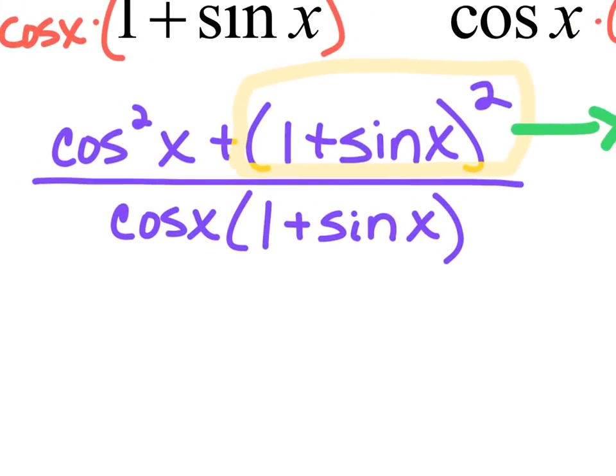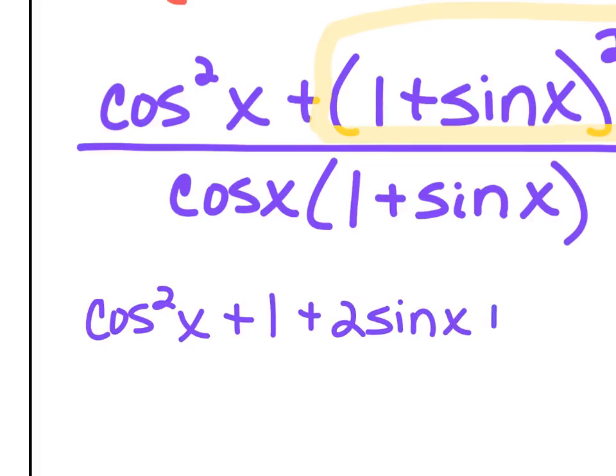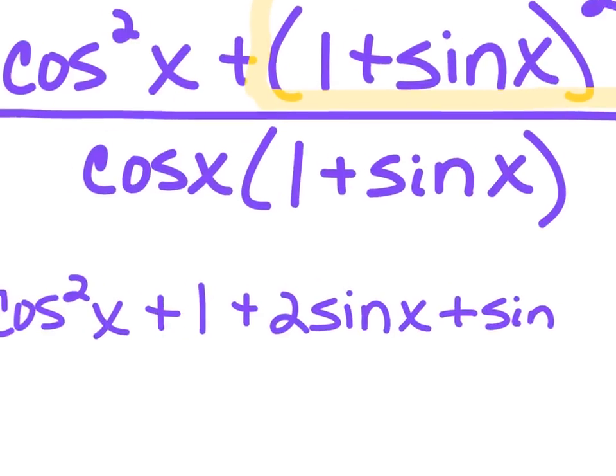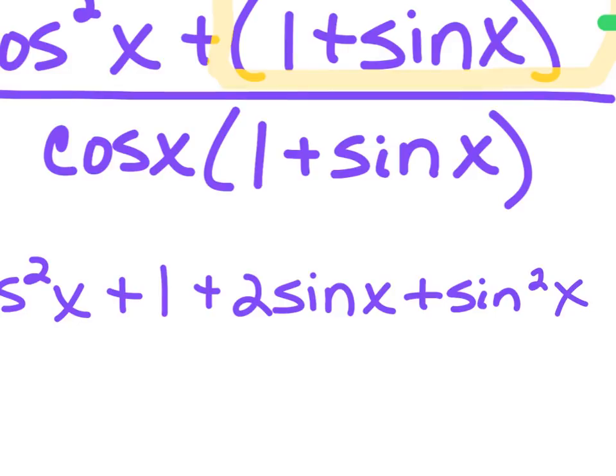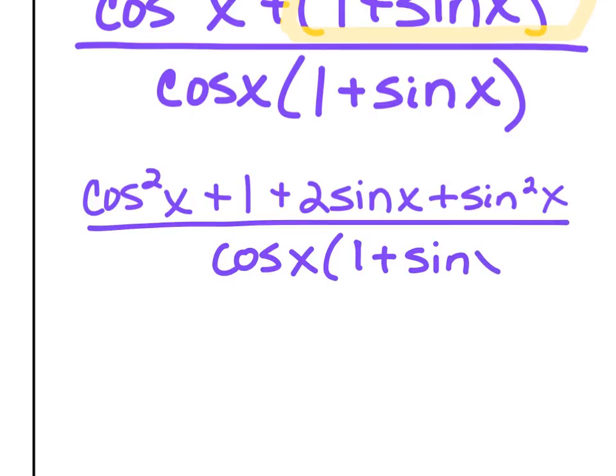So this then becomes cosine squared of x plus 1 plus 2 sine of x plus sine squared of x, and all of that is over cosine of x times 1 plus sine of x.